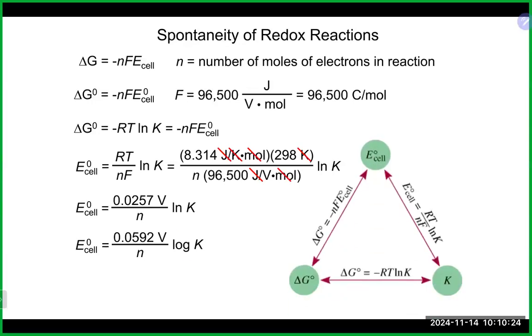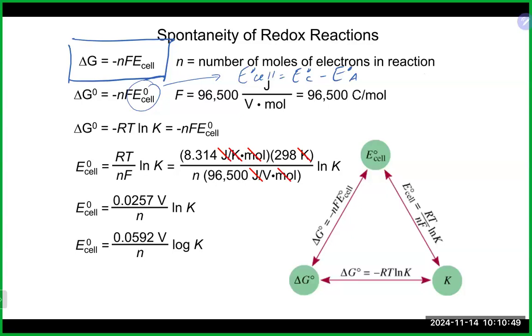The first one is that we can take our delta G, and it is equal to minus nFE of the cell. And obviously, E of our cell is going to be our cathode minus our anode.